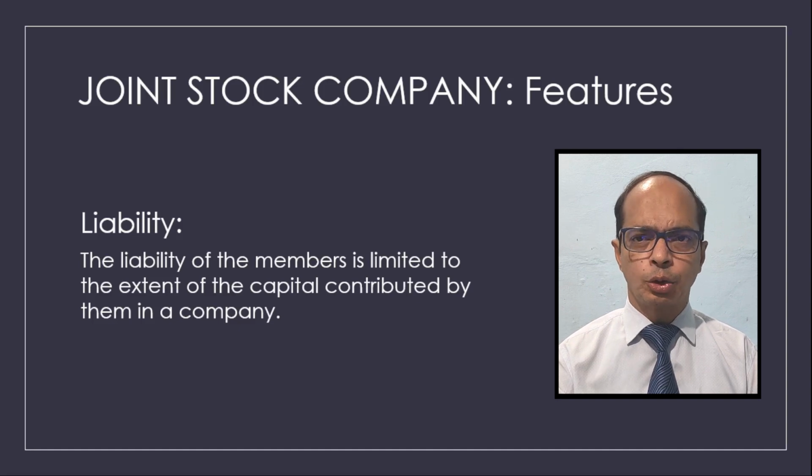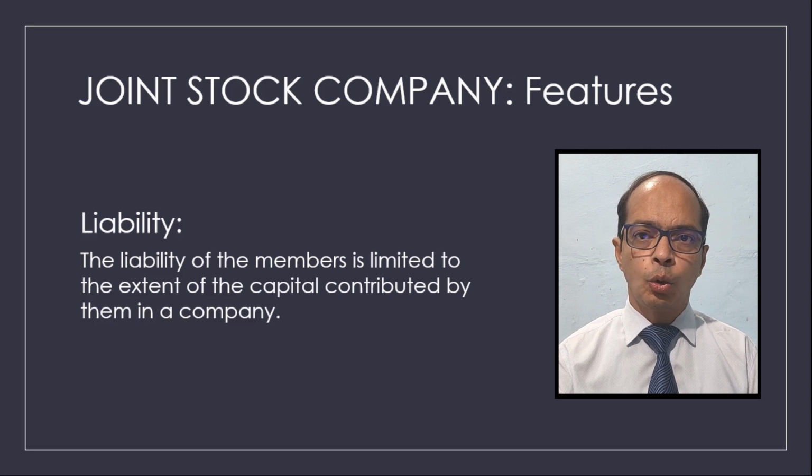It can be understood through an example. For example, if a shareholder is holding 5,000 shares of rupees 10 each in a company and had paid rupees 8 per share already, then only rupees 2 per share, which is the remaining amount on these shares, can be demanded.